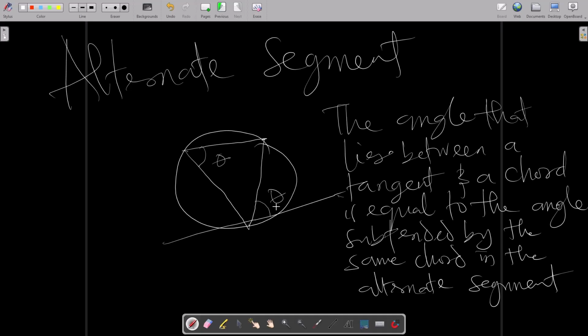This segment is a chord here, and this chord is facing the tangent. So the angle here is equal to the angle here. Alright, so move to the next one.